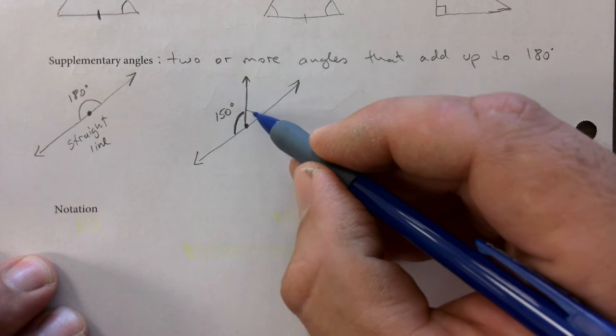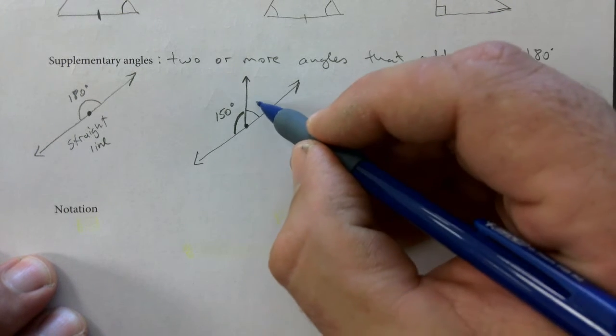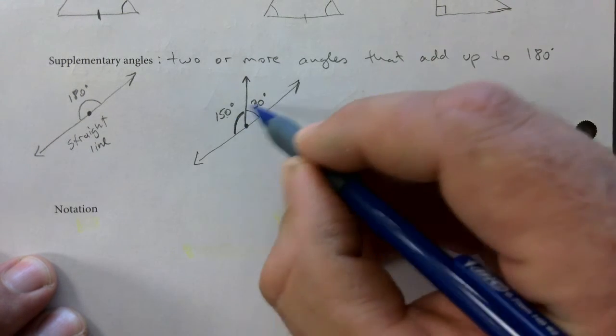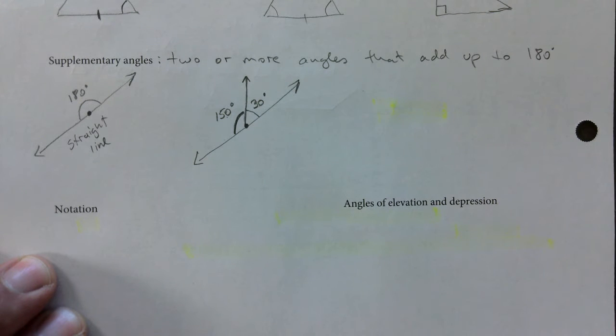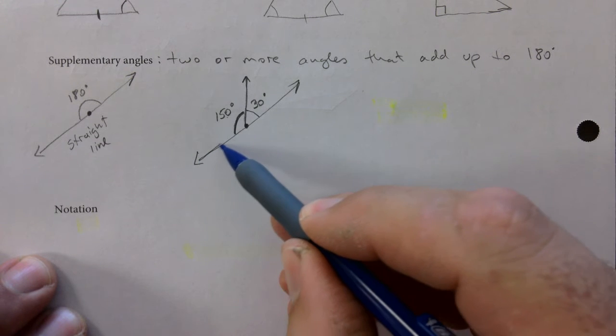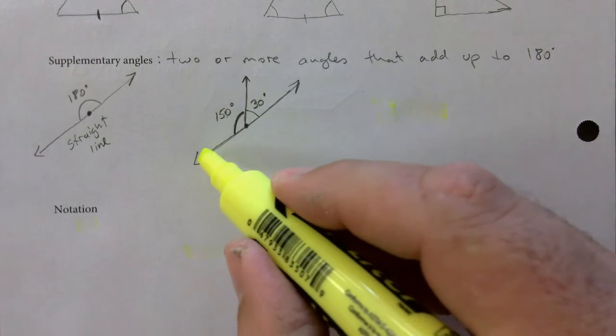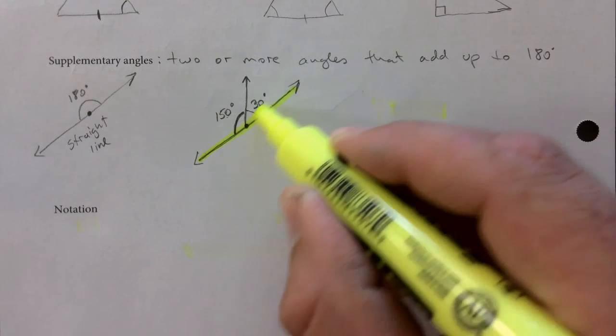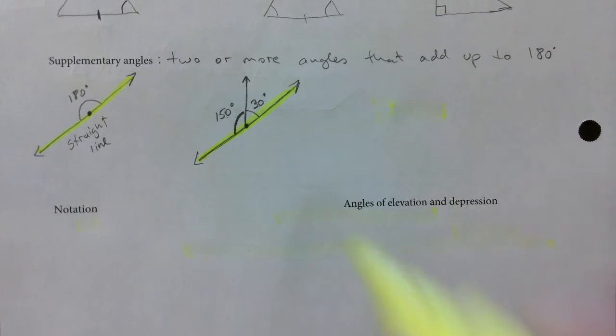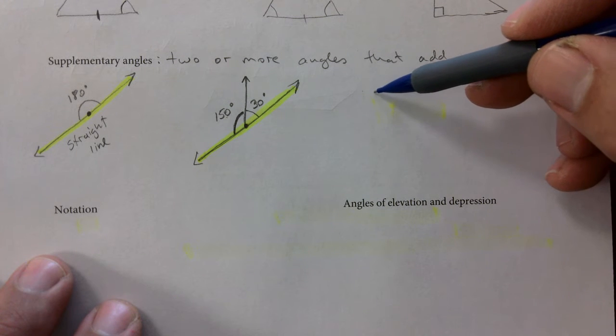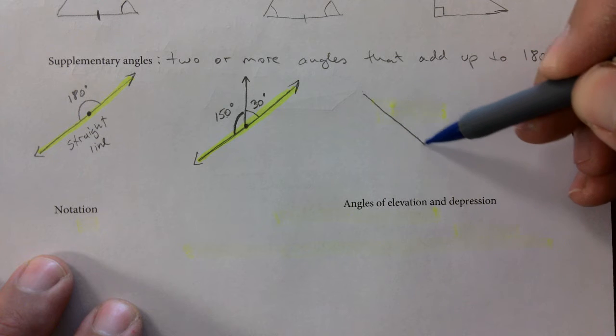What would this be? 30. Exactly. These are two angles that we would call supplementary. Two ways you know they're supplementary: they add up to 180 and they are along a straight line. So I'm always going to highlight the straight line there. And then one last example of supplementary angles.